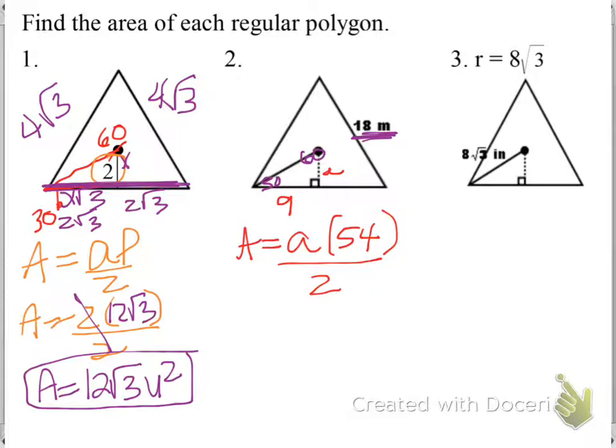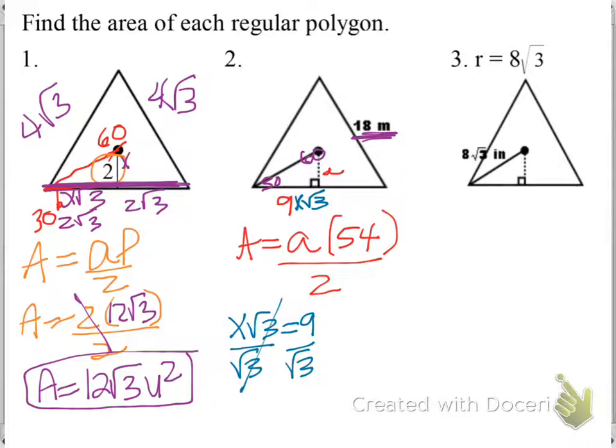Okay, so this one requires a little bit more work because the side that we're given here is opposite the 60. And that, we all know, hopefully, is our x root 3 side. So I'm just going to solve this. I'm going to say x root 3 equals 9. Now I'm going to have to divide by root 3.